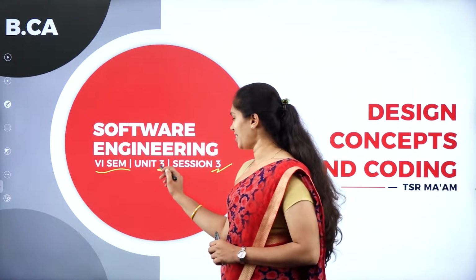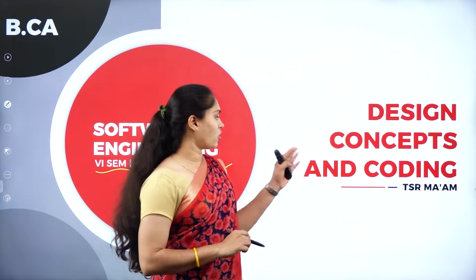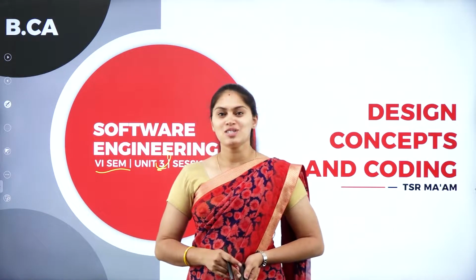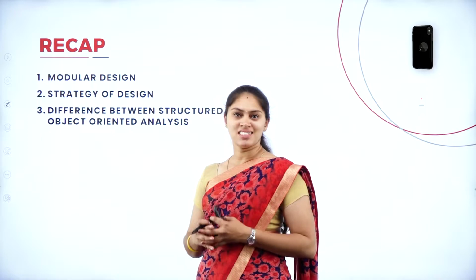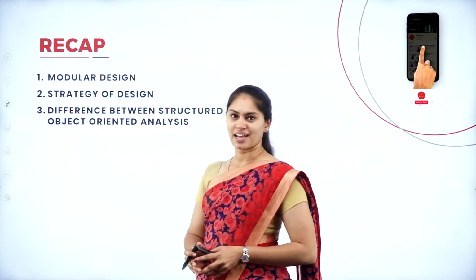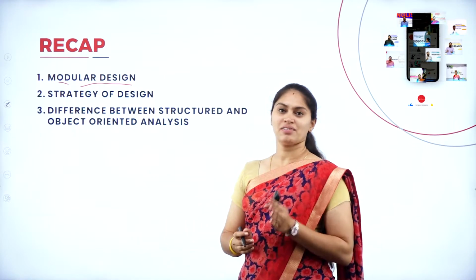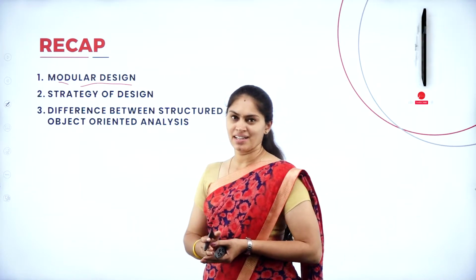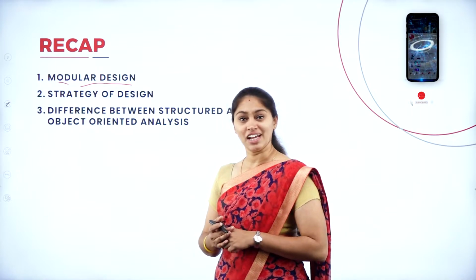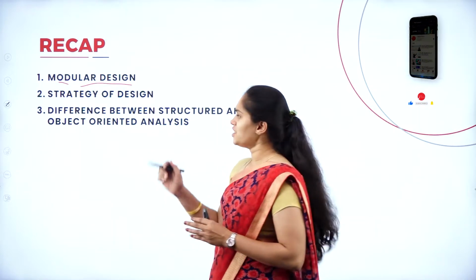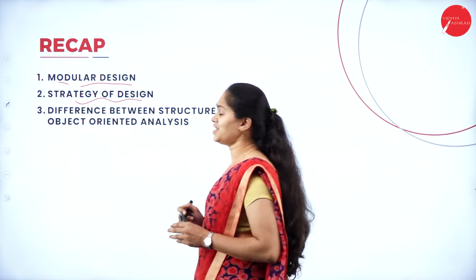So in Unit 3, we are dealing with design, concepts and coding, right? In our previous session, we discussed modular design. We got to know why we require modular design. Under that we have functional independence, and we also learned about information hiding, right? After that we got to know the strategies of design.